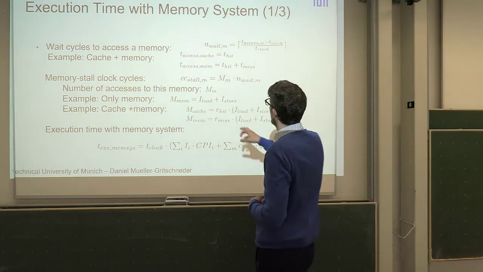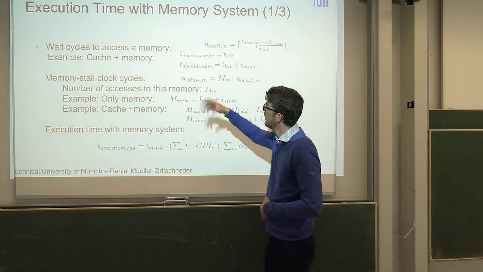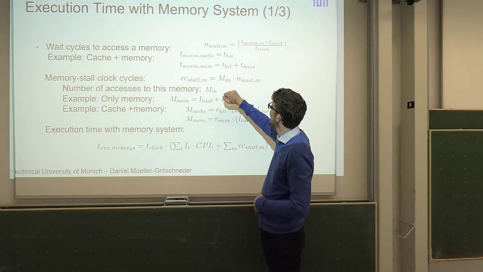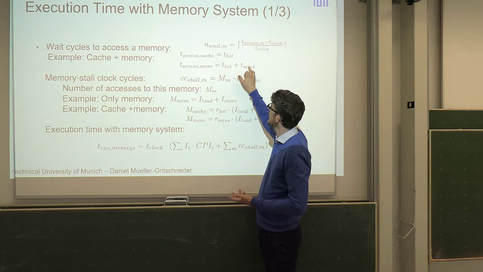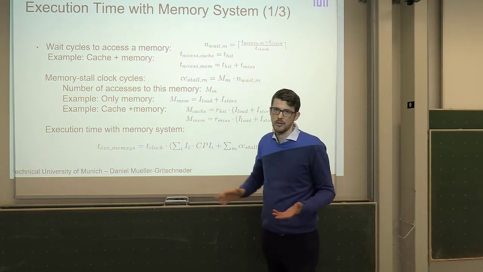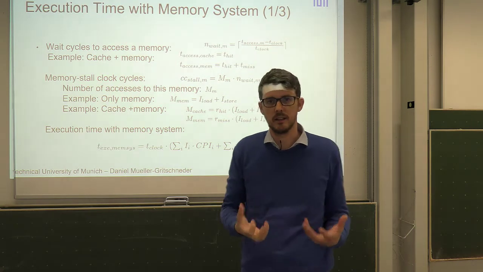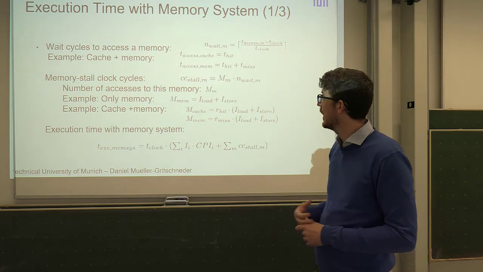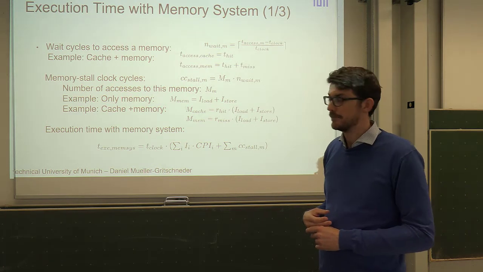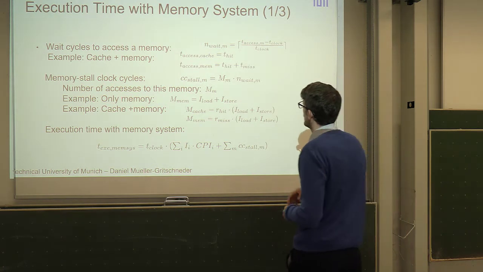For that, you can just use the hit time, which is the time until you get the data. If you miss the cache, you take the hit time plus the additional miss penalty. This is just a definition: the miss penalty is the extra time you have to wait to access the memory, and it gets added to the hit time. This is your access time.